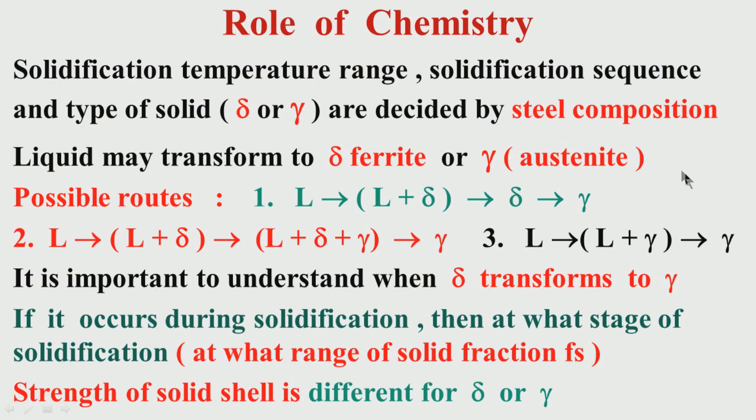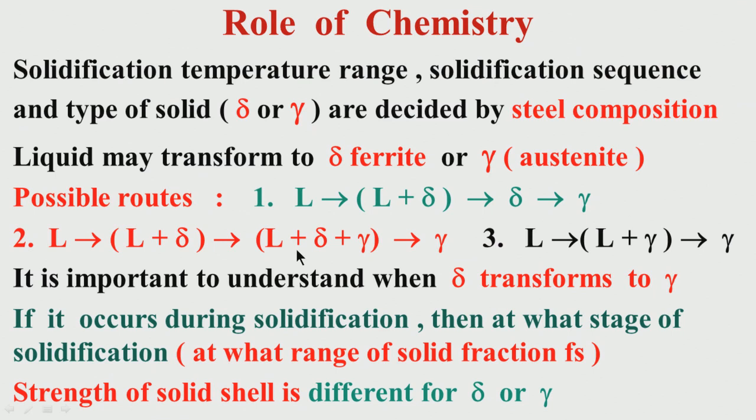Now what are the possible routes when you change the steel composition? From liquid it can get into the liquid plus delta region, then delta, and then finally austenite. Or another route: liquid goes to liquid plus delta, then the peritectic reaction takes place, so the liquid part of the liquid plus delta will generate gamma.